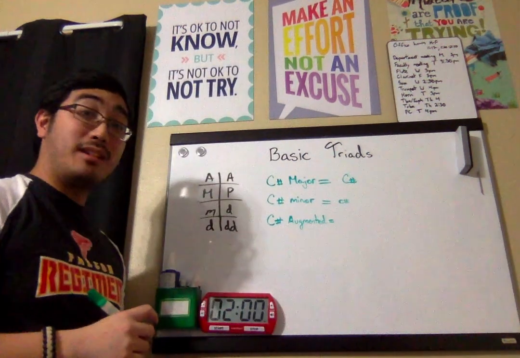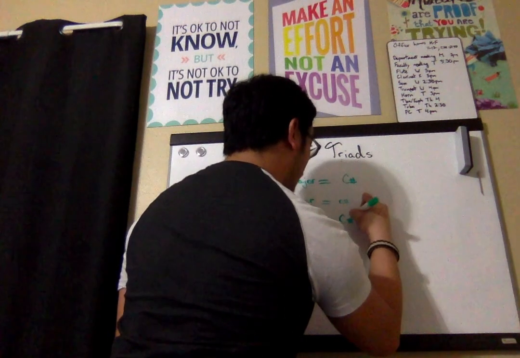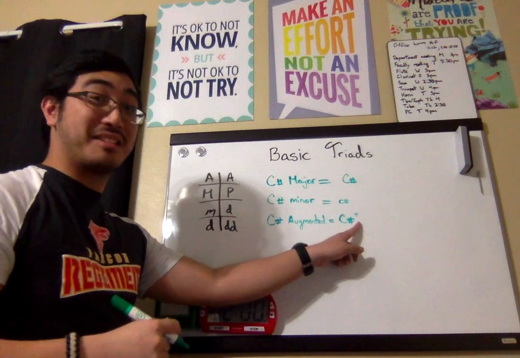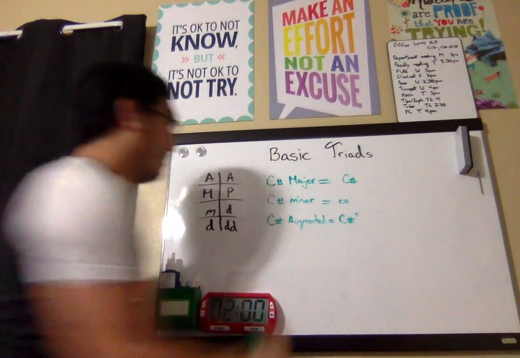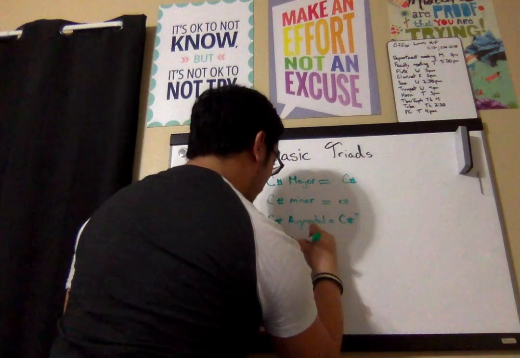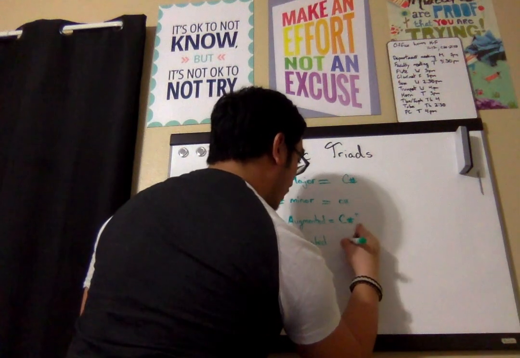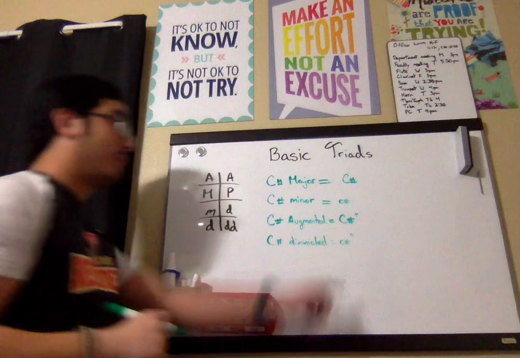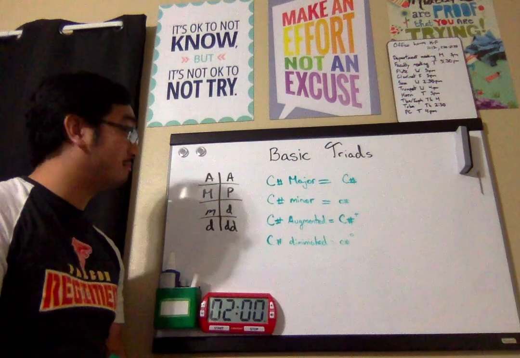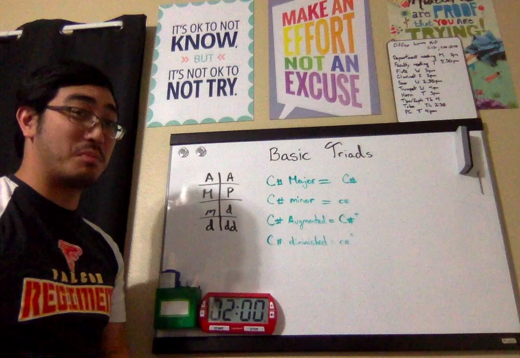C sharp augmented becomes capital C sharp plus. And C sharp diminished, lowercase C sharp with a circle. Lazy monks had it right. Work smart, not hard.